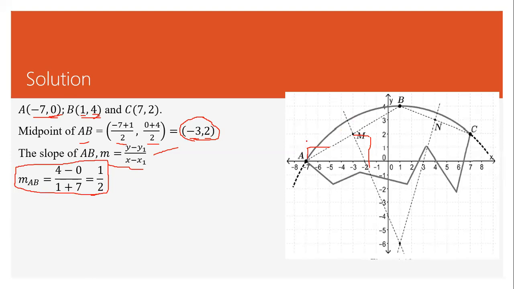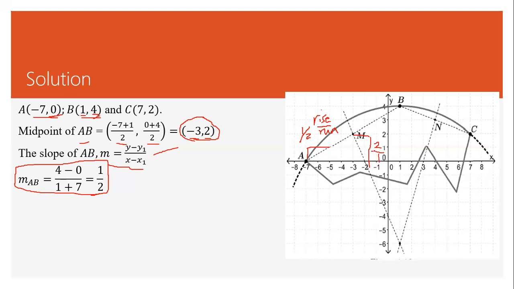So since we have the slope 1/2, this is the rise over run of line AB. The bisector line has the inverse: 2/1.